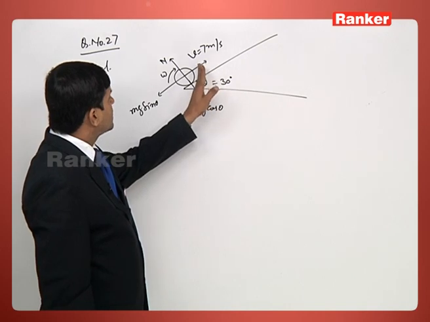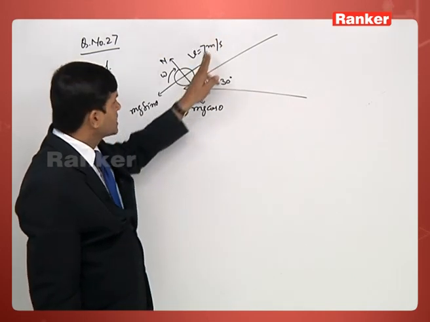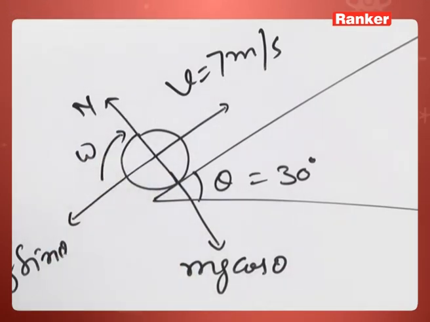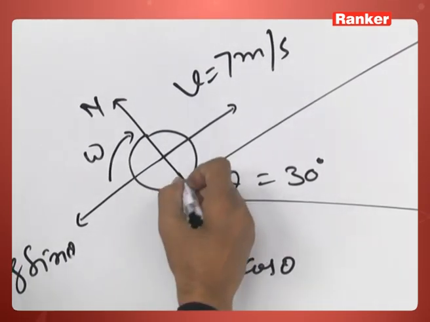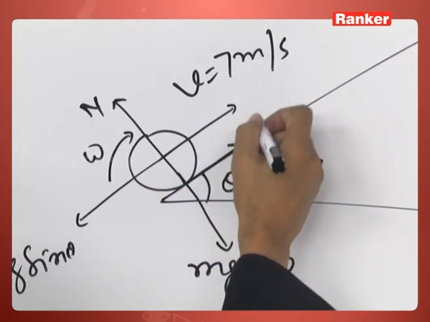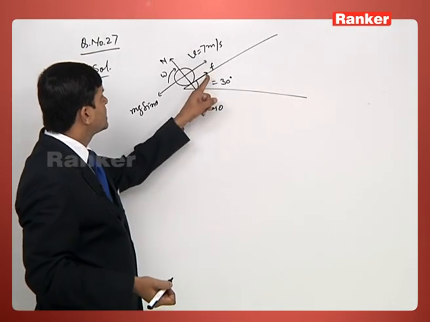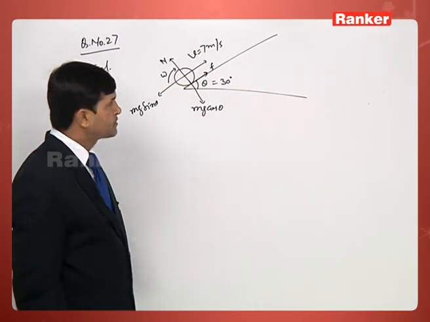First of all, as the sphere goes up, mg sin theta is acting downward, that will decrease the velocity of the sphere. So friction force will act in the upward direction, and that friction force will try to maintain the velocity, but this decreases your omega.